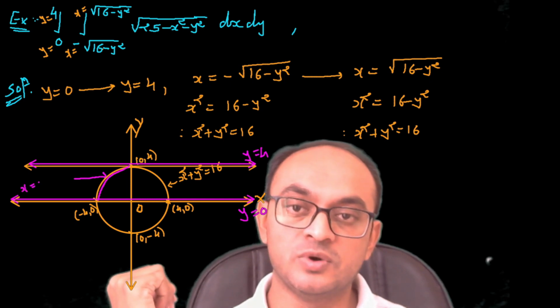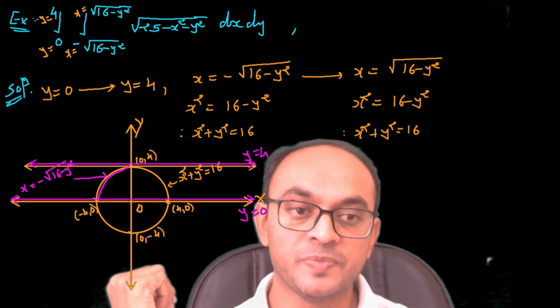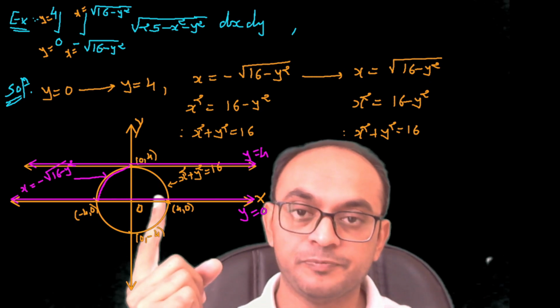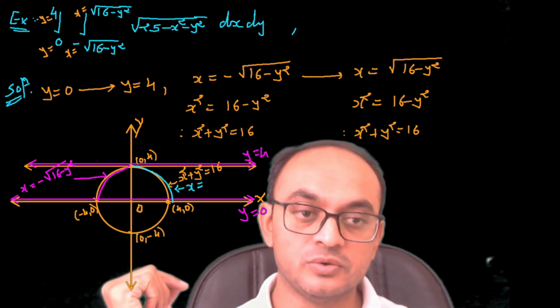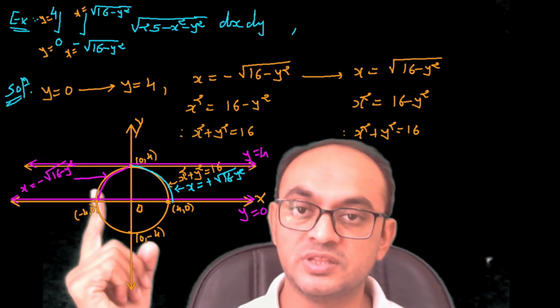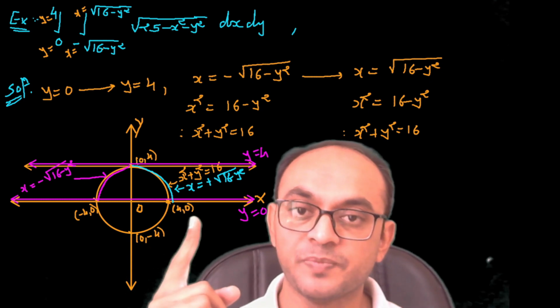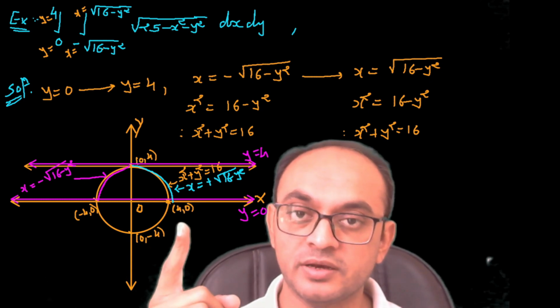X is equal to minus under root 16 minus y square, and equation of this portion, x is equal to plus under root 16 minus y square, because in this quadrant x is negative, in this quadrant x is positive, right?